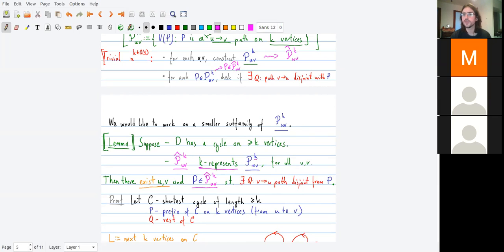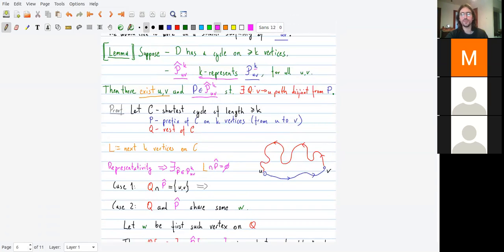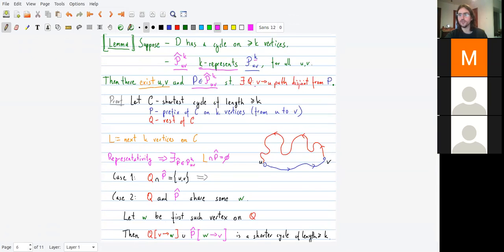Now, if this family will be small, and it will be, then this yields a much faster algorithm because I have fewer k paths to look at. So I need to prove that if I have a yes instance, then I can find a witness, a cycle on at least k vertices, already using a witness from my representative subfamily.